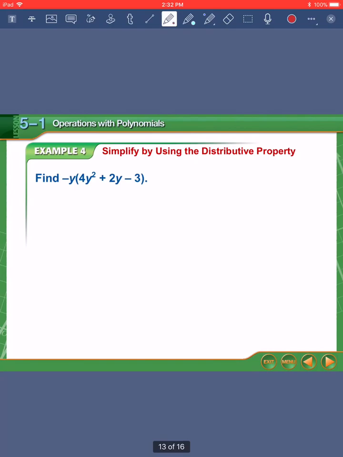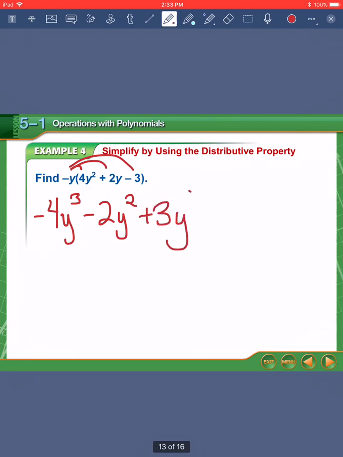Okay, now we're multiplying. So I'm finding negative y times 4y squared plus 2y minus 3. So here I just need to distribute my negative y to all three. So I get negative 4y cubed minus 2y squared plus 3y.